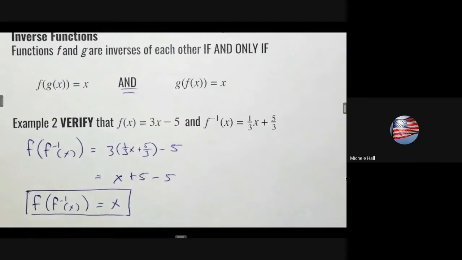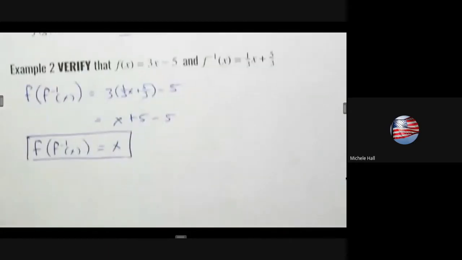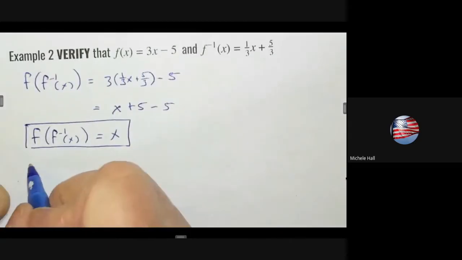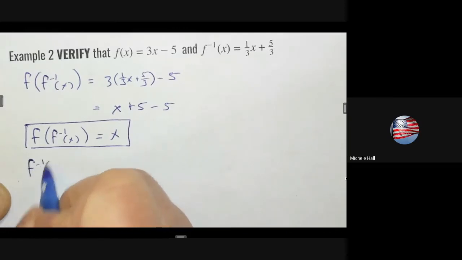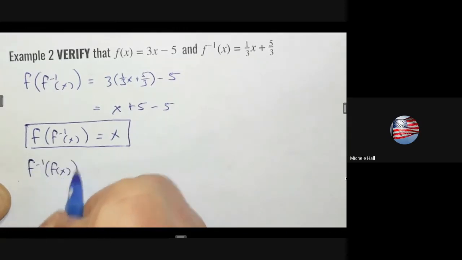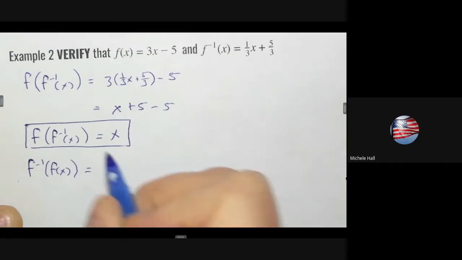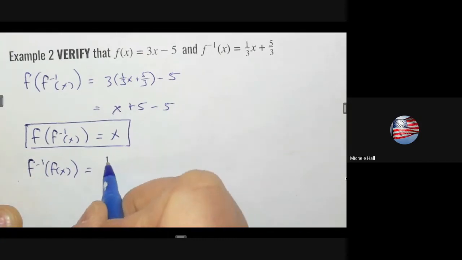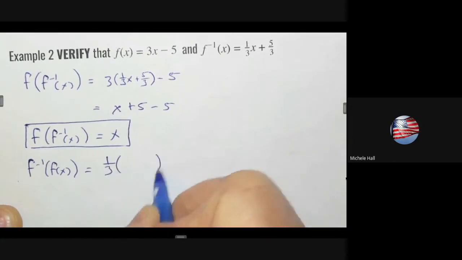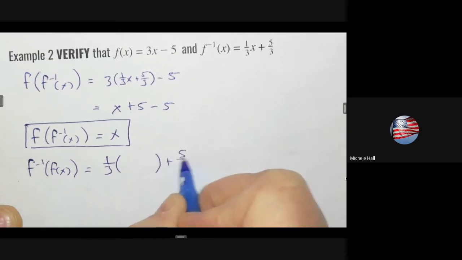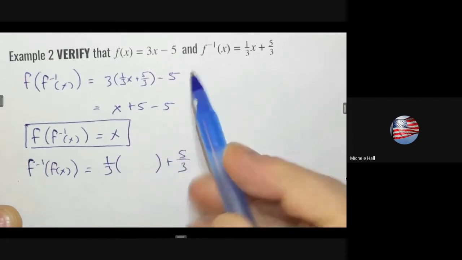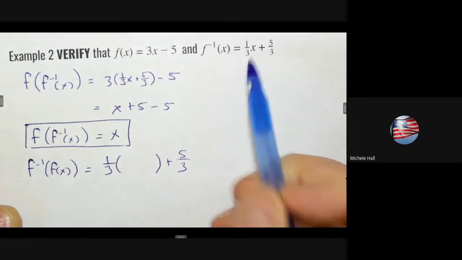Now we need to do the second composition, and that's going to be f inverse of f of x. So we start with the inverse function, and we're substituting f into that variable x.